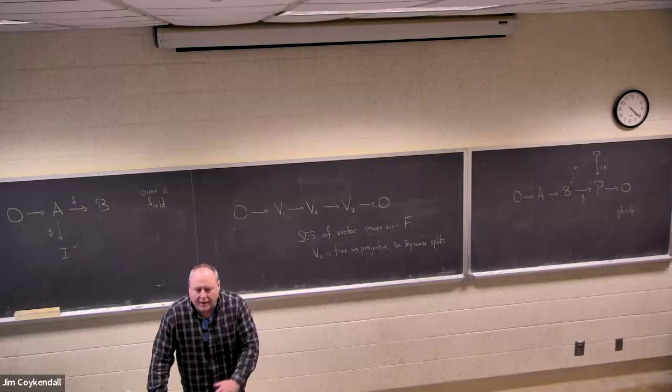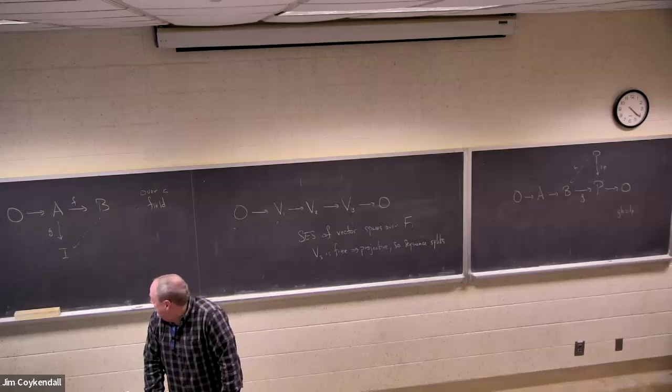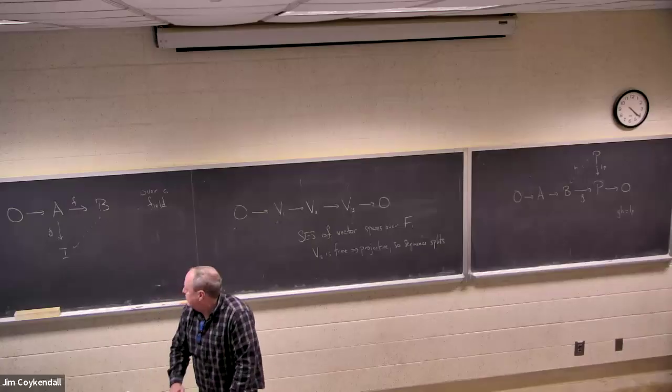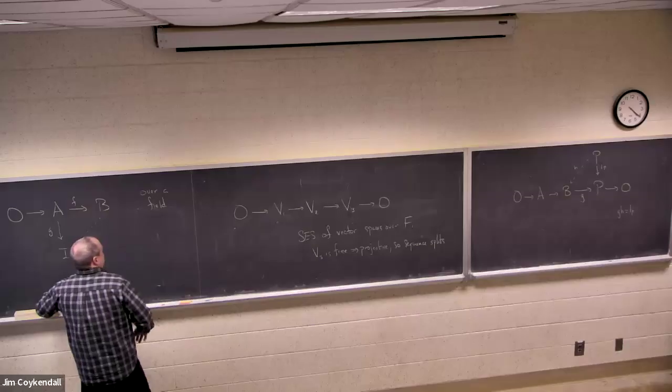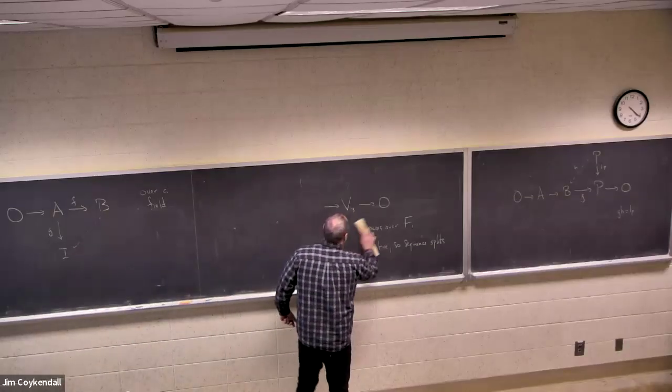Well, I don't know much, but I know that since I'm over a field, every single one of those, A, B, and I, they all are free. So they all have bases, right? So here's a way to do it.